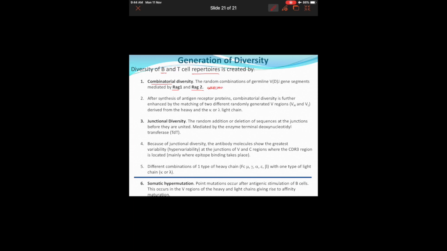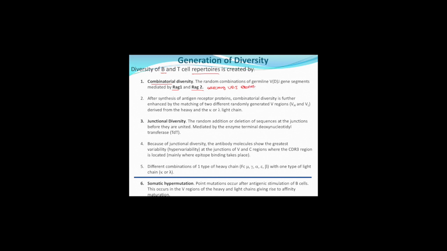Secondly, through the random addition or deletion of nucleotides through the action of the enzyme TdT. Thirdly, through another form of combination in the association between the heavy chain with kappa or lambda light chains.